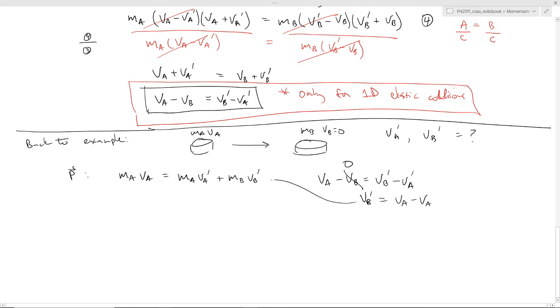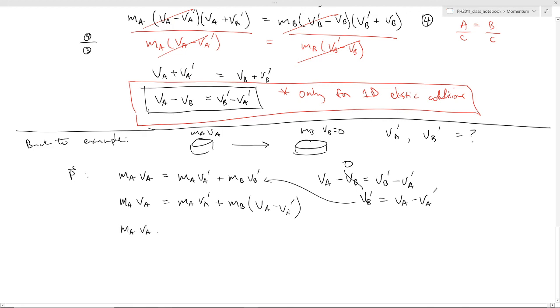And we can substitute that in immediately: MA VA equals MA VA prime plus MB times (VA minus VA prime). Then we can solve that expression for VA prime. We've eliminated VB prime, so why don't we do that?